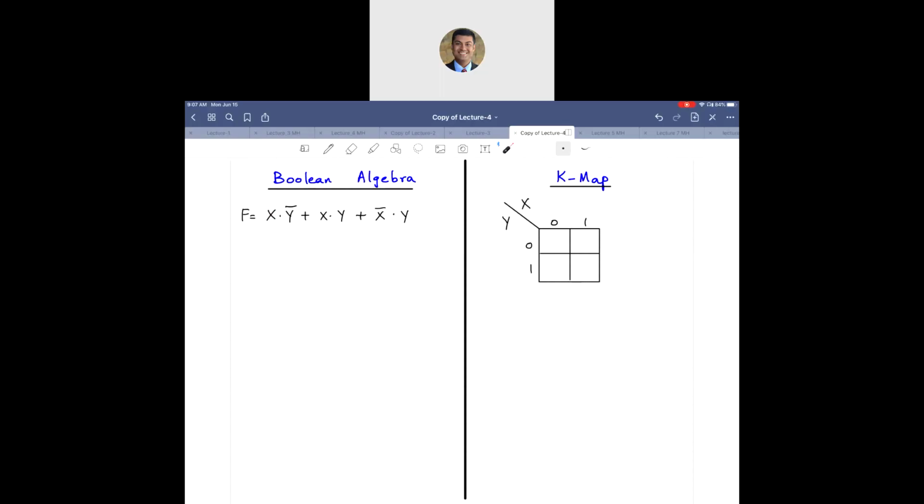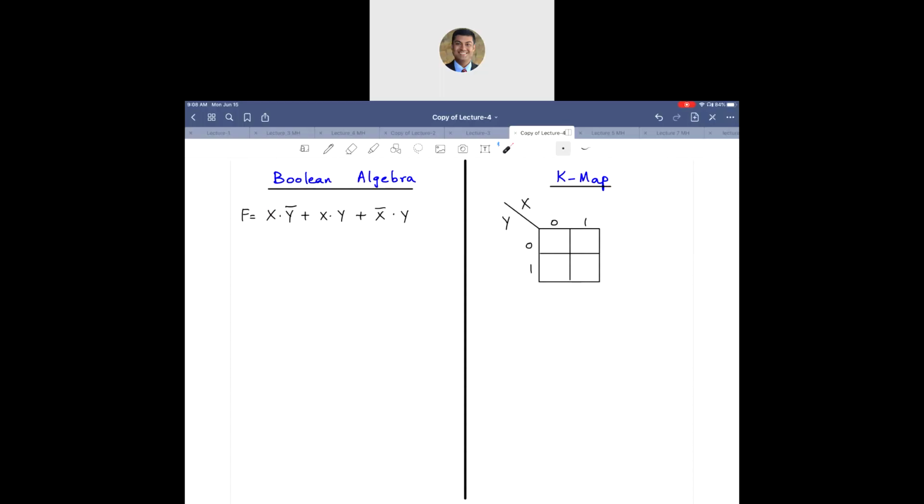So consider this. Consider a Boolean expression f equals x and y complement, or x and y, or x complement and y. So I'm going to try to work in Boolean algebra world and K-map world for the same logic function f.